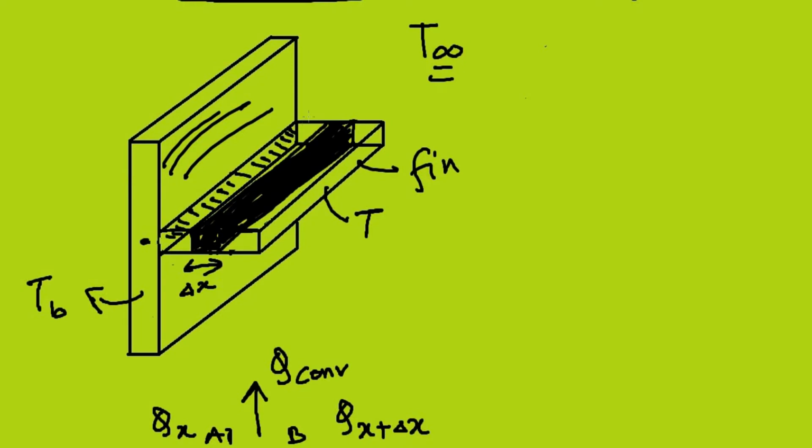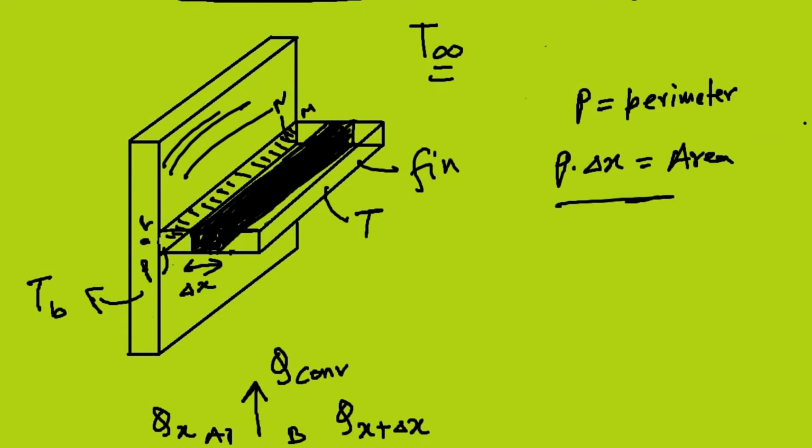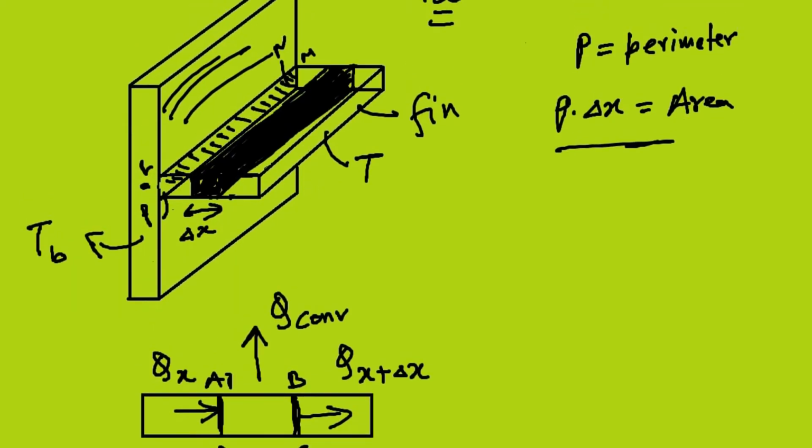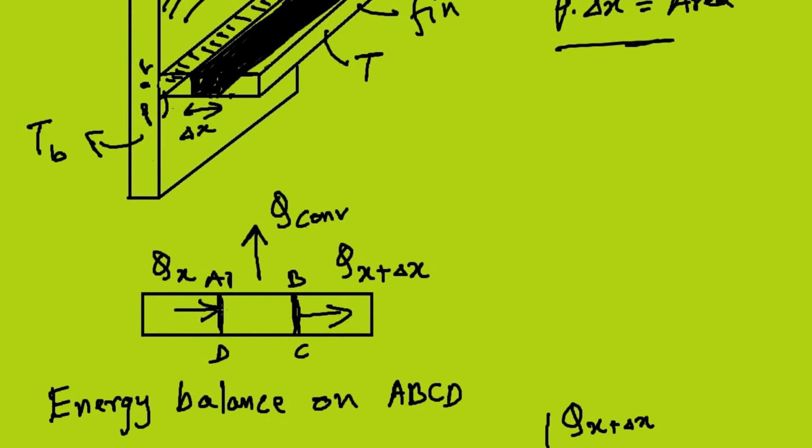Let's name the corners L, M, N, and P. If I take this perimeter LMNP as P, the perimeter, then what is the area of this shaded black region? It will be simply P times del x. It is the surface area of this elemental region which I have taken, that is this region.